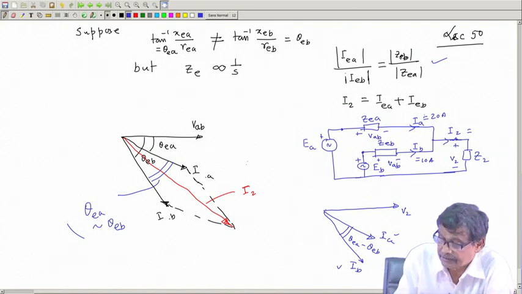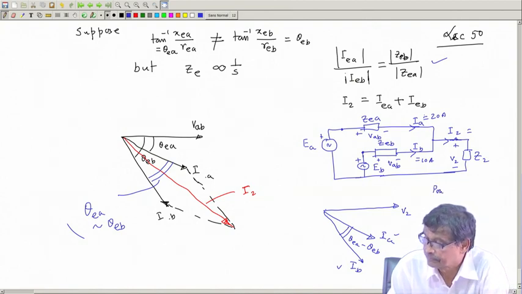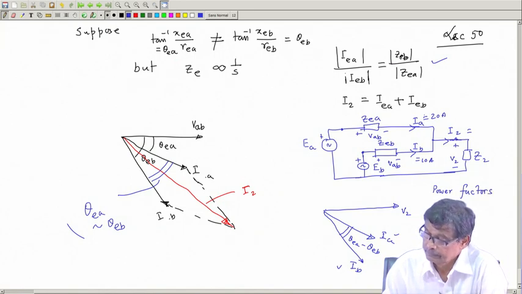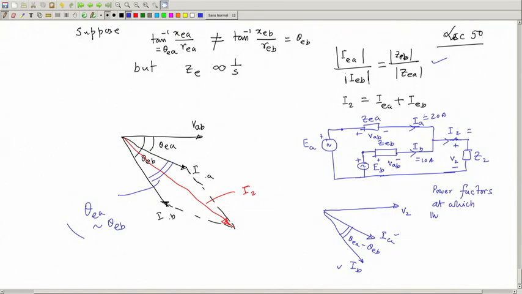So, the power factors at which the transformers will operate will be different. And your total load current will be in between here, I2.